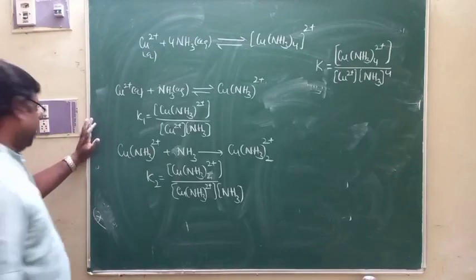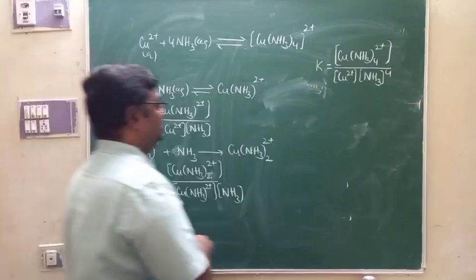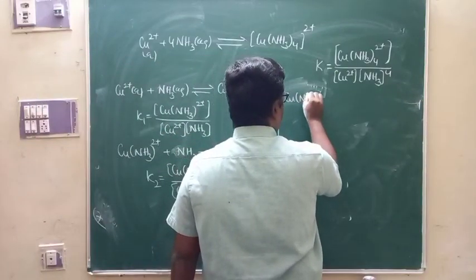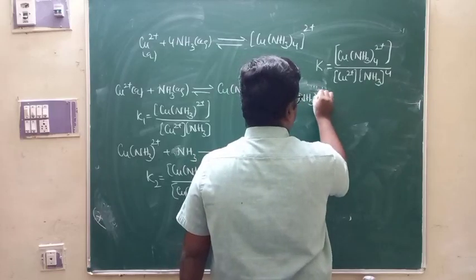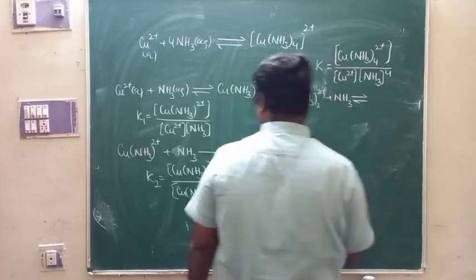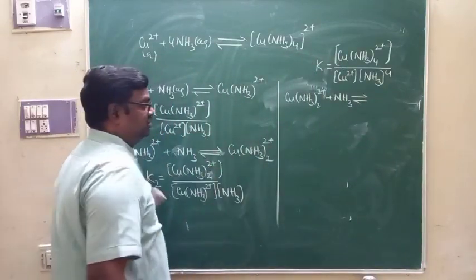As far as the third step is concerned, you can write like this: Cu(NH3)2 2+ plus NH3. You can write the reversible symbol in all the cases, right? This is the reversible symbol.